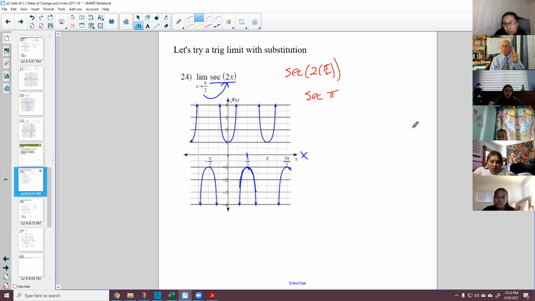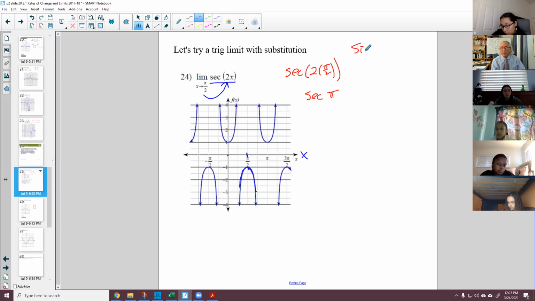But I can pull out my unit circle because Mr. Jenkins says you can use the unit circle. Now I do have to remember my six pack. Remember the six pack? I have sine theta, cosine theta, tangent theta. Then I have cosecant theta, secant theta, and cotangent theta. So I am reminded that secant is the reciprocal of cosine.